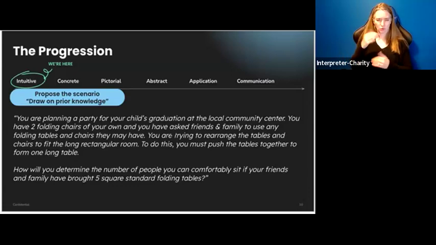Think about how you would make sense of it, and then how your students would make sense of it. Where do you think they would begin? Or what could they do to begin to process this information?